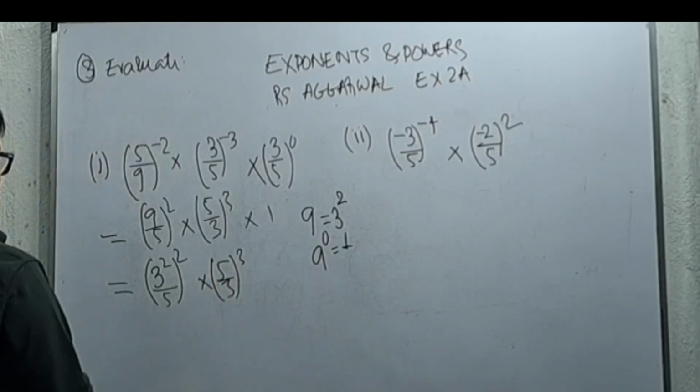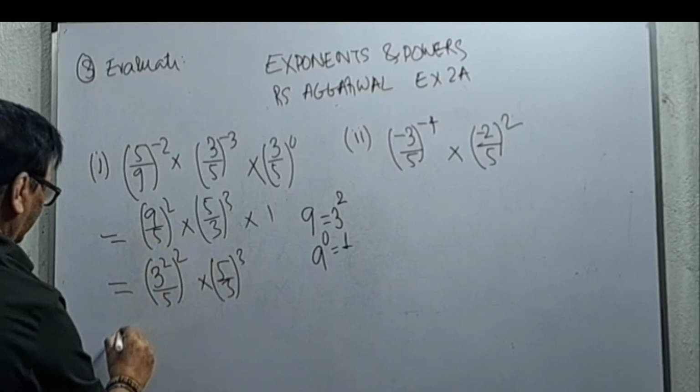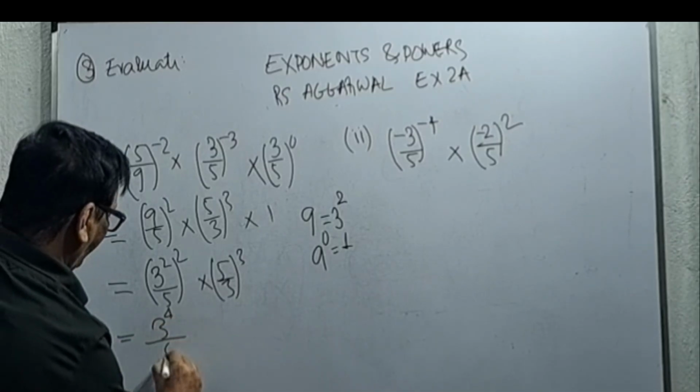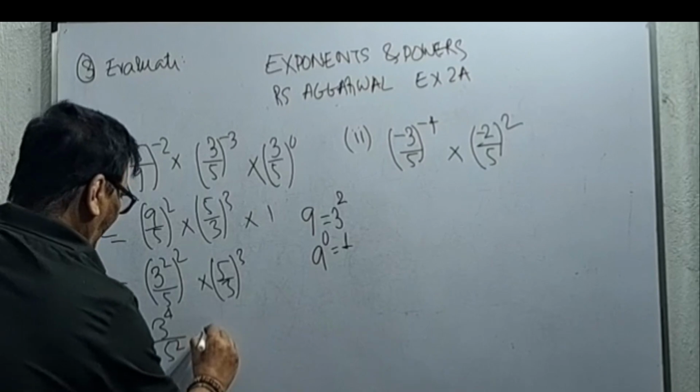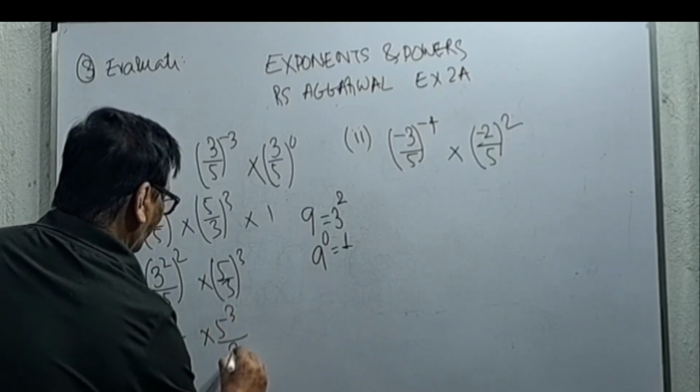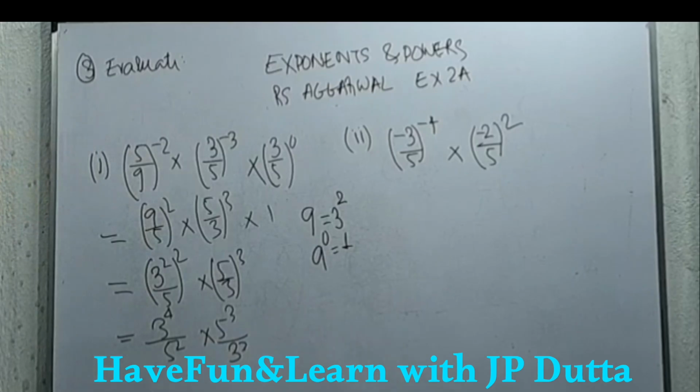Correct? Now see, we distribute the powers. How? 3 to the power of 4 divided by 5 to the power of 2 times 5 to the power of 3 divided by 3 to the power of 3. Correct?